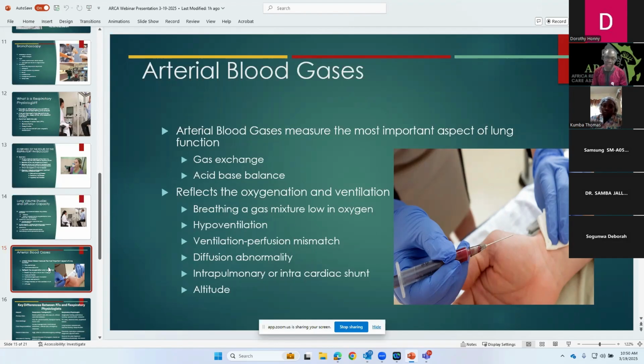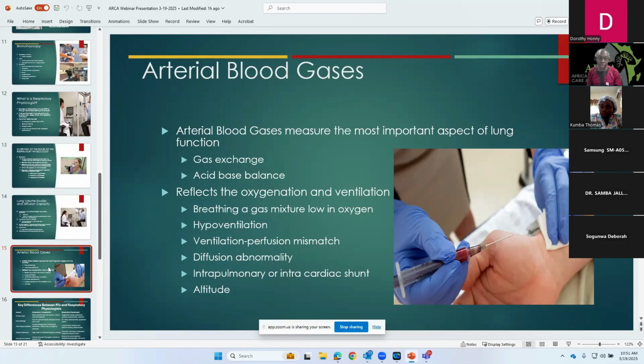If it is on the low end, it means the patient has a lot of acid in the body, and it may be because they're not breathing appropriately. They slow down their breathing because maybe they're on some kind of drugs, or there may be something going on in their brain that's not allowing them to breathe. On the other end, if they are hyperventilating, you're going to have a pH that's a little bit higher.